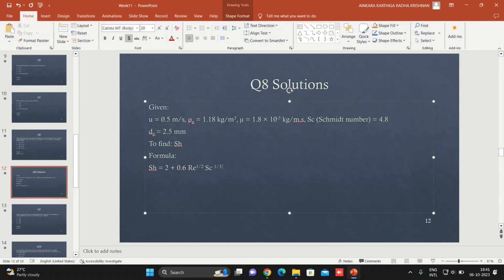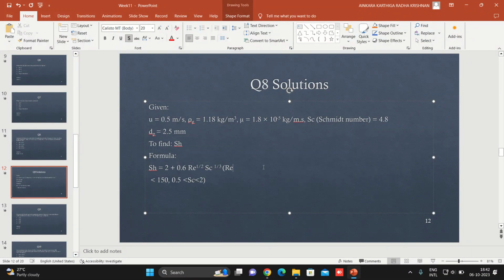This is applicable when Reynolds is less than 150 and Schmidt is between 0.5 and 2.